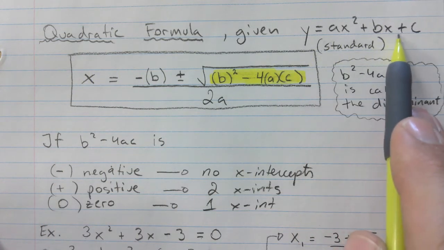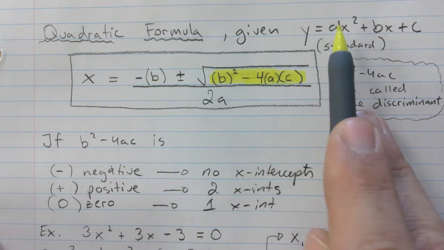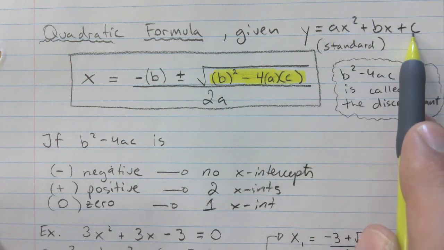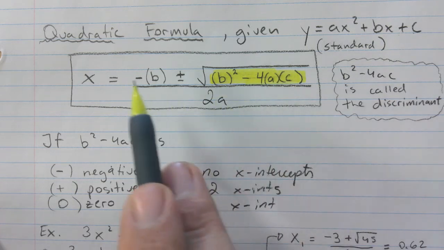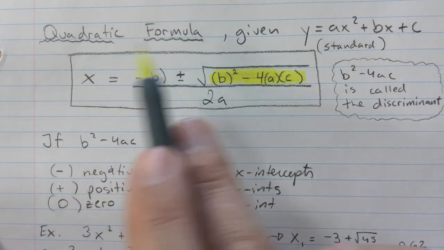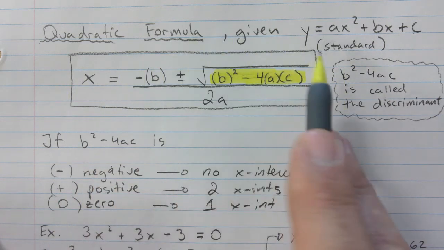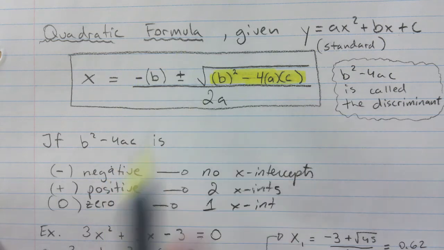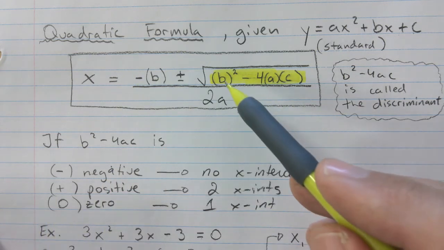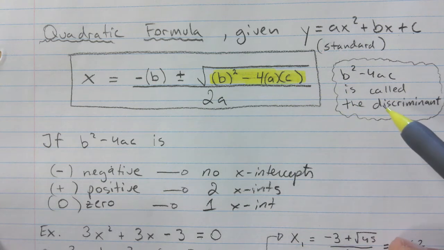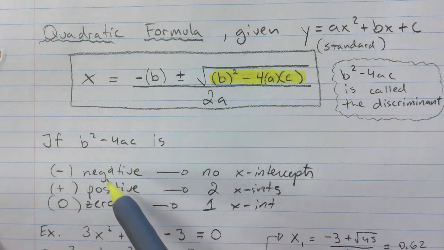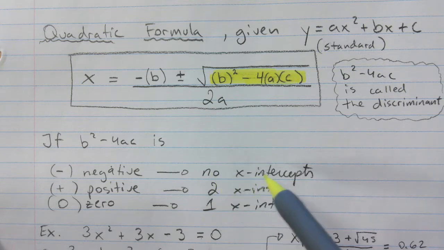All right, so if it's in standard form, we have our A, B, and C values, which could be positive or negative, and we use this formula to the letter, okay? You use it exactly the way it is to come up with your roots. The highlighted part is called the discriminant, which if negative, you have to state there will be no x-intercepts. And why is that?